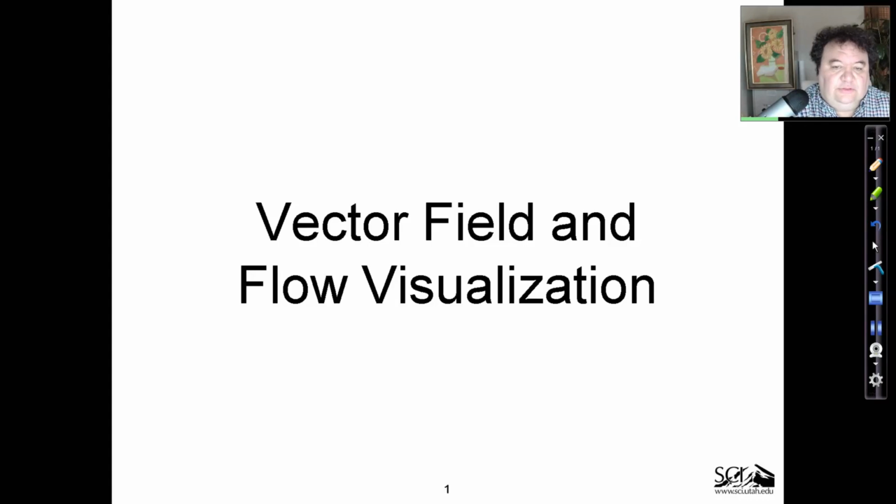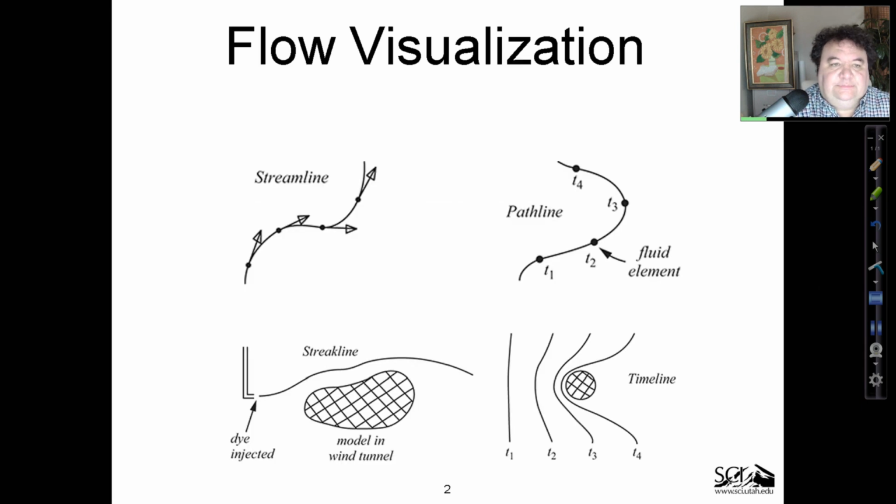So in this module, we'll continue to discuss the concept of vector field and flow visualization from a perspective of visualizing scientific data. In particular, for flow visualization, we'll focus on four main concepts of computing and visualizing streamlines, path lines, streak lines, and timelines.